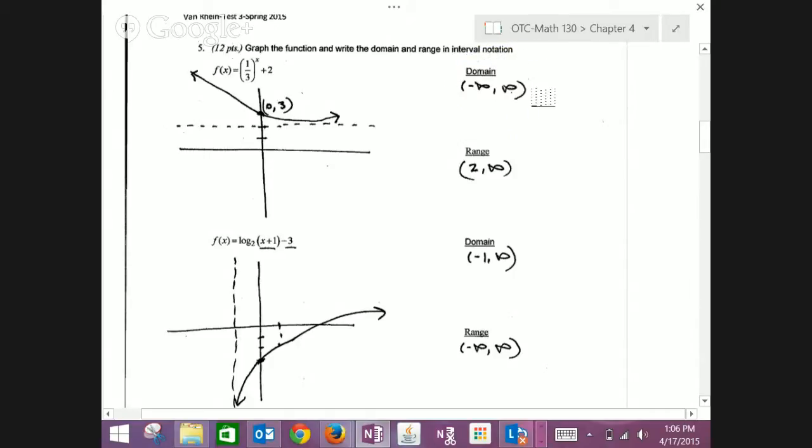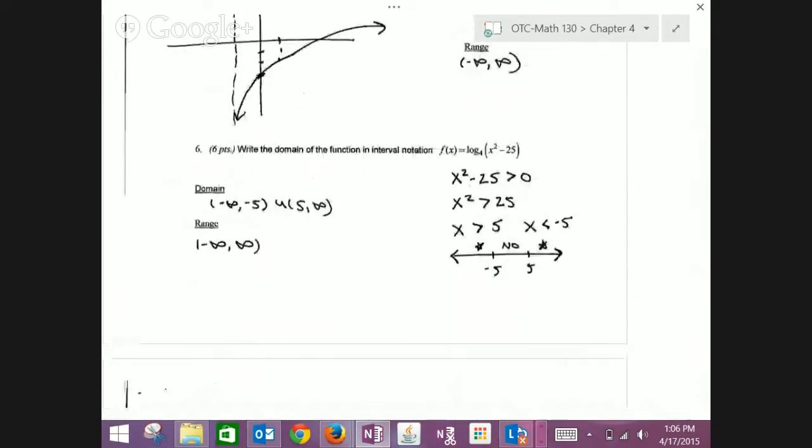Any questions on the second page? Number 6, some of you didn't put minus infinity to minus 5. And then x has to be greater than 5 or x has to be less than minus 5, so the domain here would be two intervals.